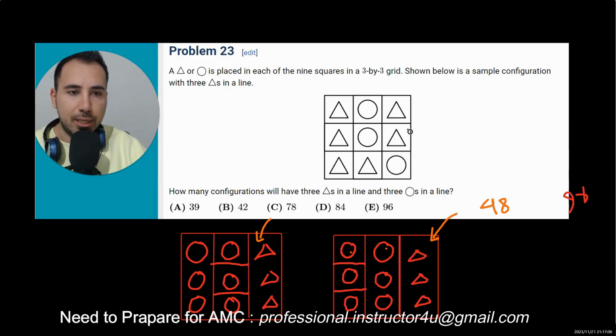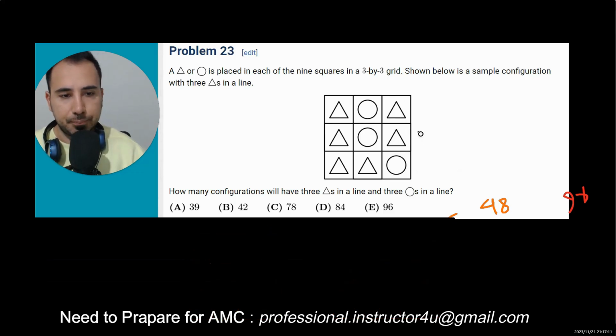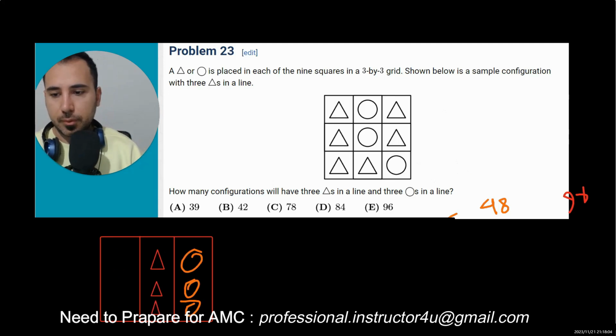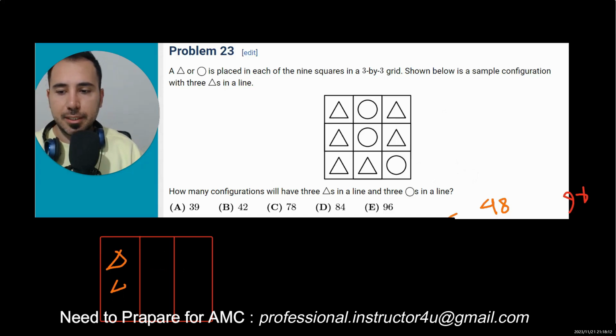Now, how many ways do we have 2 columns of triangles or 2 columns of O's? The ones that we have overcounted look like this. Maybe we have 1 row of triangles here, and the rest will be O's, like this. That would be one of them that we have overcounted. Or the 3 triangles could be here, here, here, and the rest all O's. Or 1 row of triangles could be here, and the rest O's.